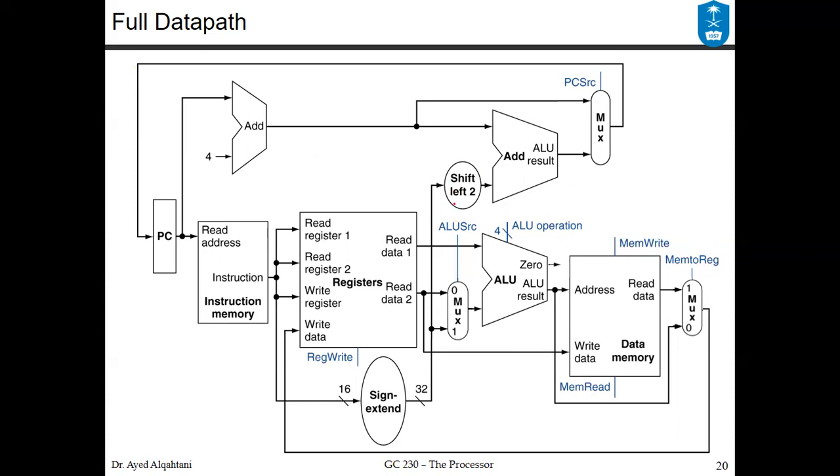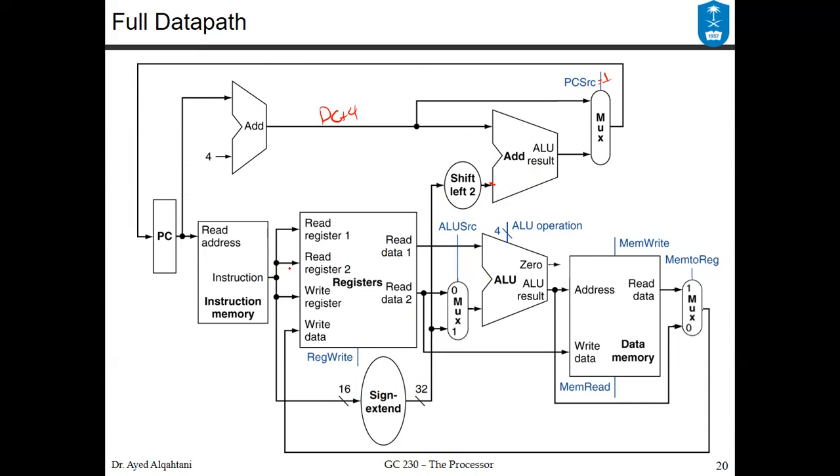You can see that in the shift left by 2, you took the sign extended value, meaning if your instruction is a branch, you don't use this ALU, you shift left by rewiring, and then you add PC plus 4 to this immediate value that is shifted left by 2, and then you choose it to be written in the PC if your PC source control equals 1. The PC source should be equal to 1 if the instruction is a branch instruction.